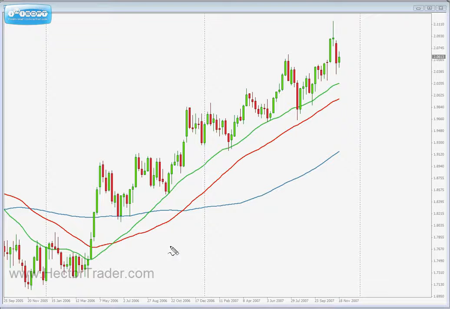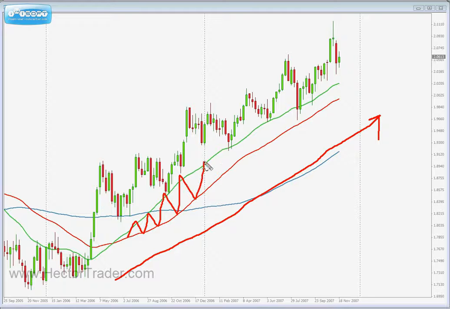So in this case, now that we've recognized that we are in a trending chart, the area we want to keep an eye on is the area, remember, between the 30 and the 50 simple moving average, and especially the pullbacks to that area, in order to verify whether we get a bounce off that area.